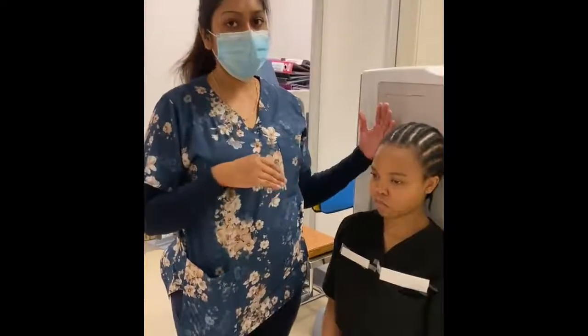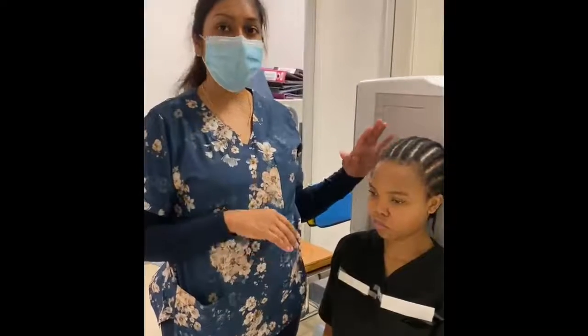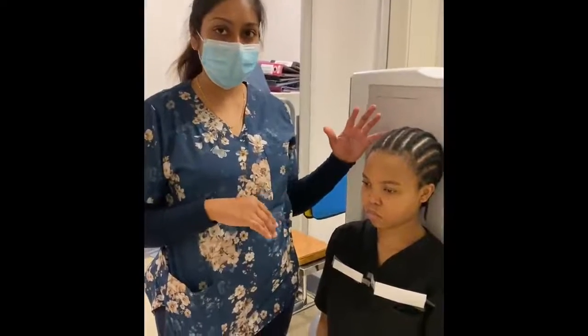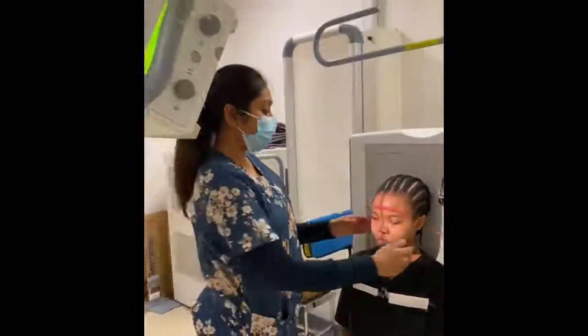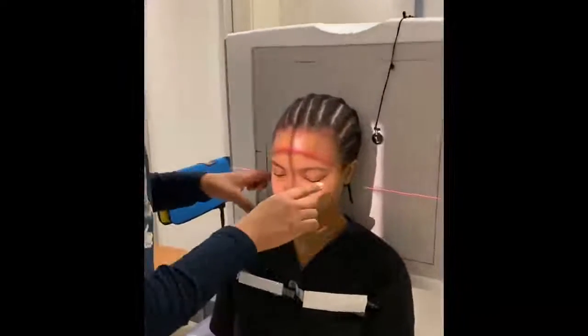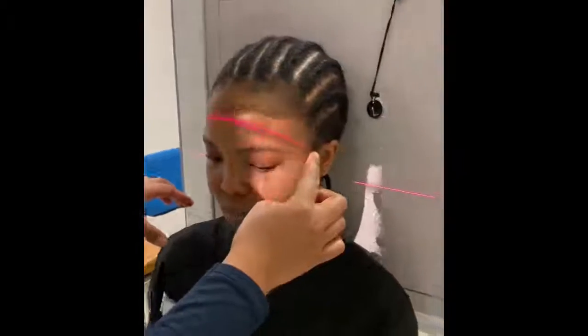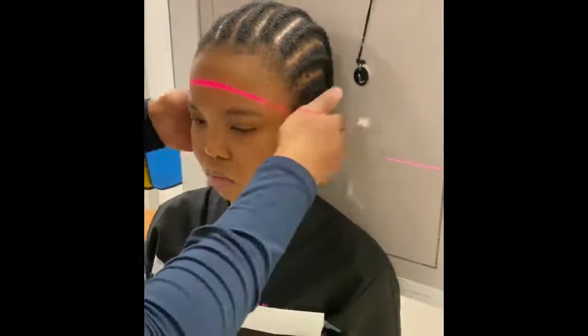For this patient, we assume the patient is able to tuck their chin in, so we are going to use a 30-degree caudal angulation. Basically we tuck the chin in so that the patient's OML, which is your radiographic line from your outer canthus of the eye to your meatus, needs to be perpendicular.